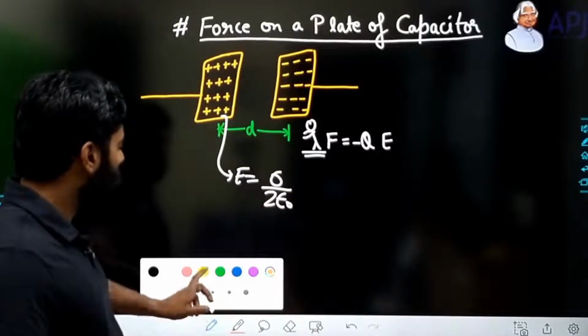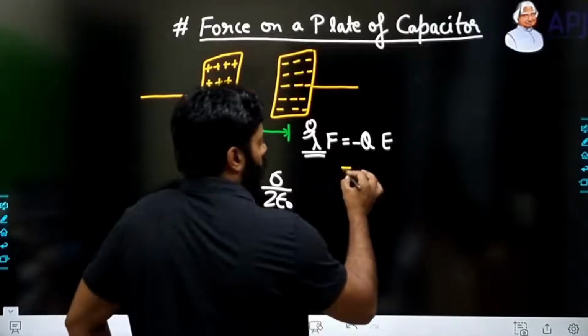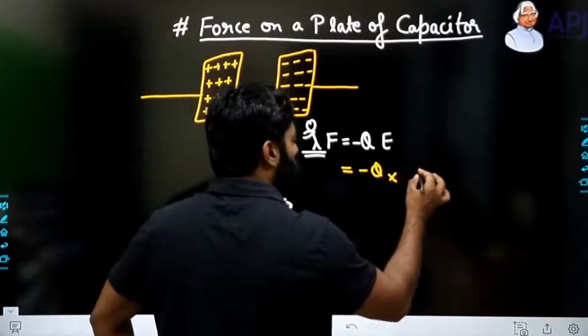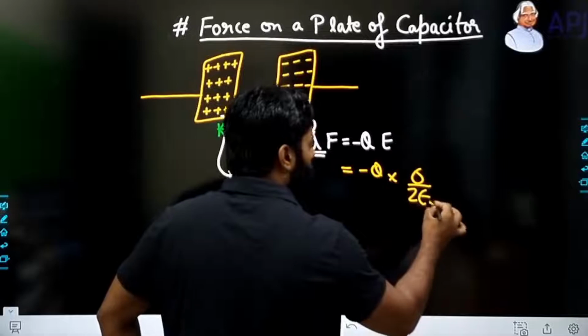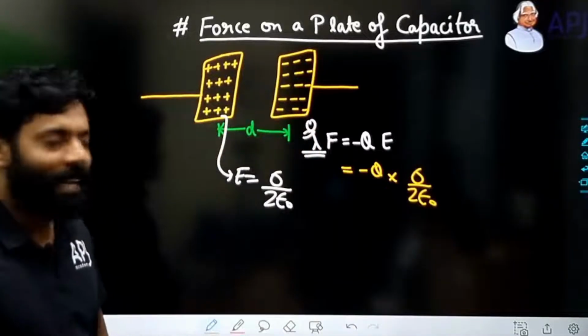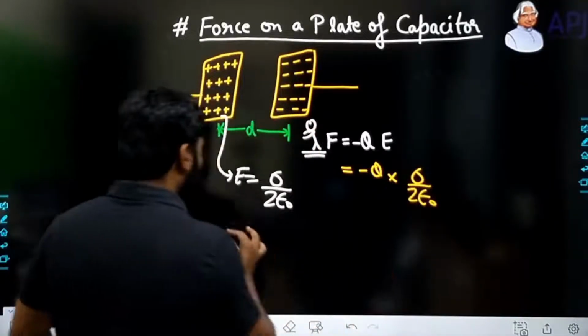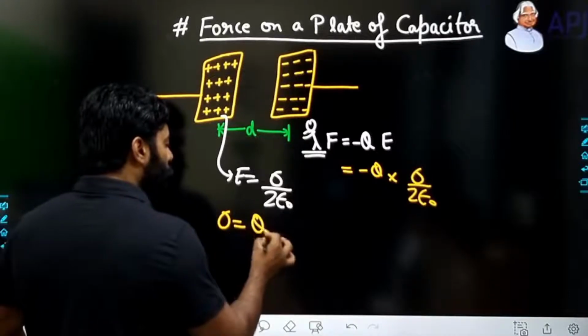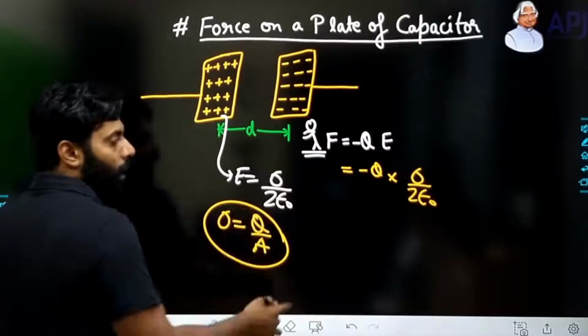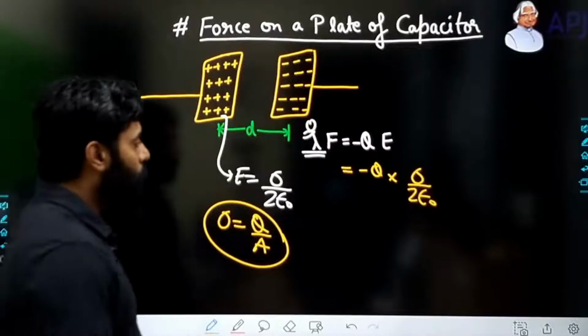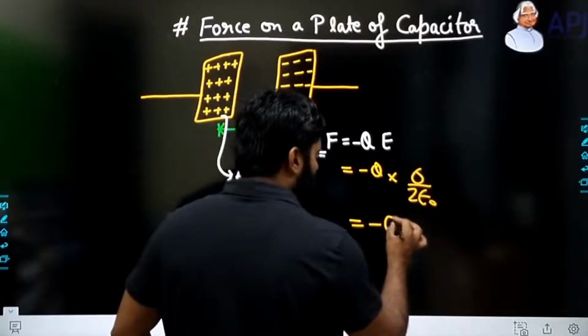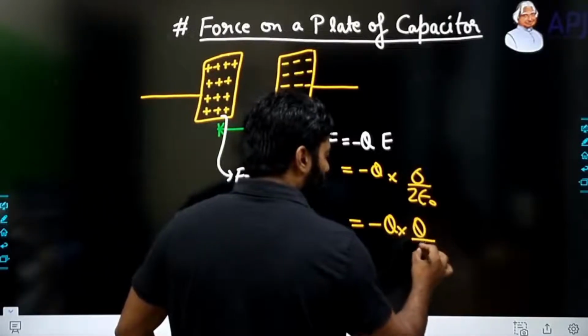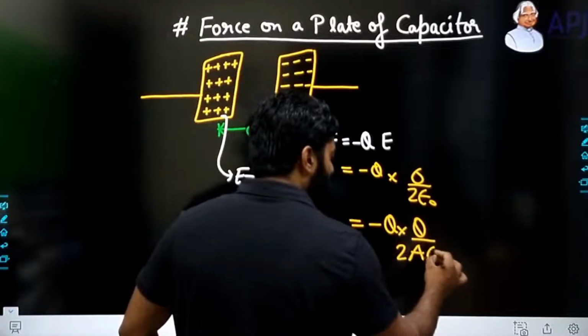So sir, the force will be minus of Q into sigma upon 2 epsilon naught. ठीक है, ये हमारे पास हो जाएगा। And sigma we already know what is sigma, sigma is equal to Q by A. I can substitute that sigma here, so मेरे पास कितना आ जाएगा, I will get minus of Q into Q by A into 2 epsilon naught.